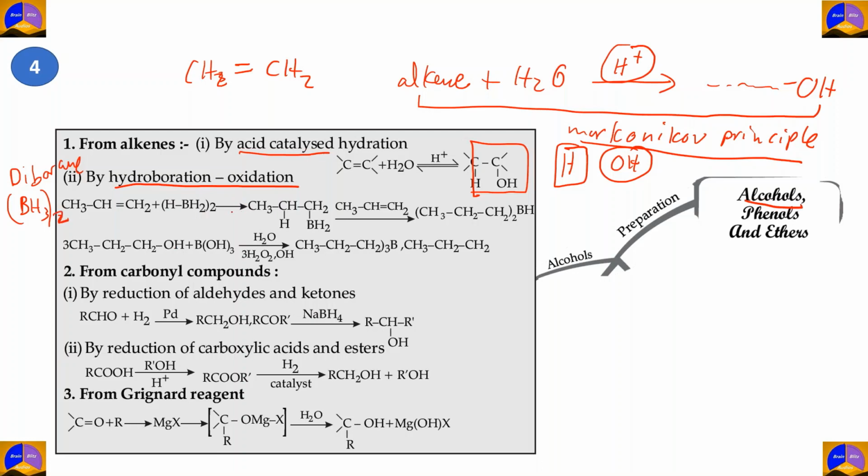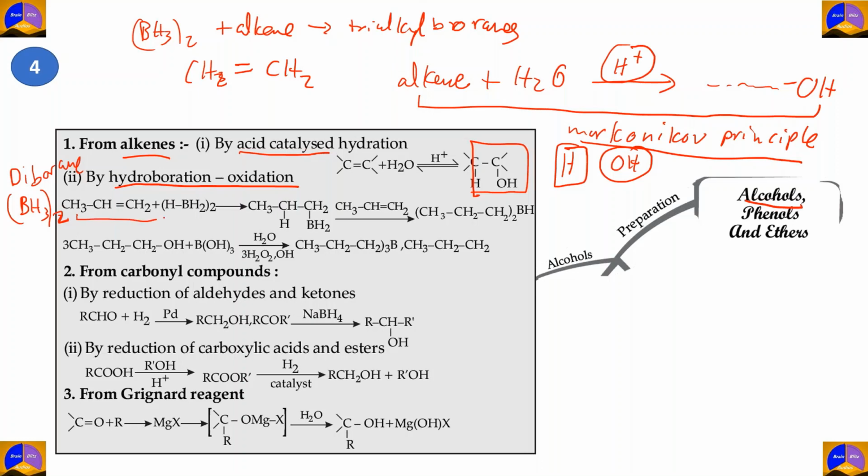So what they do is they use this diborane to react with an alkene. So that's BH3 twice reacts with alkene to form trialkyl boranes. And this is the example given in your textbook.